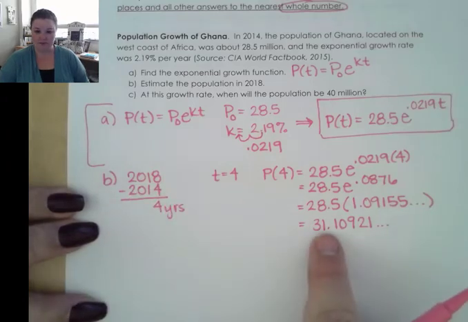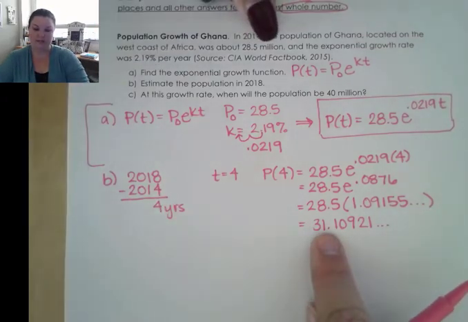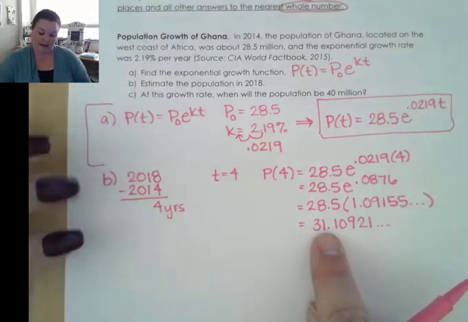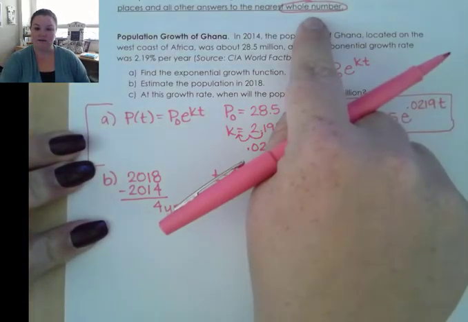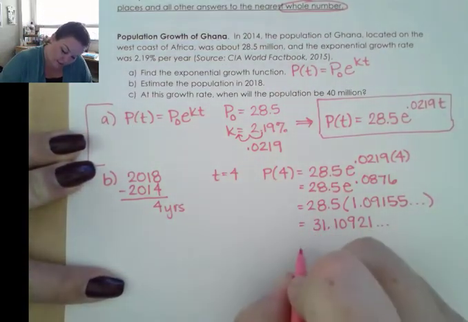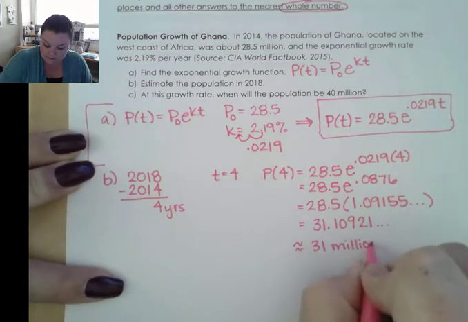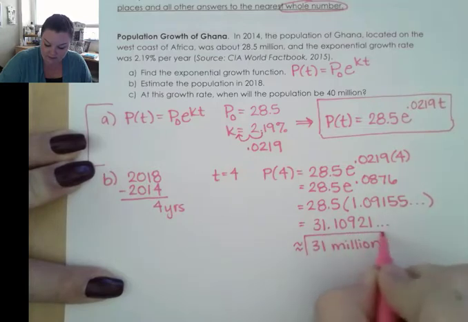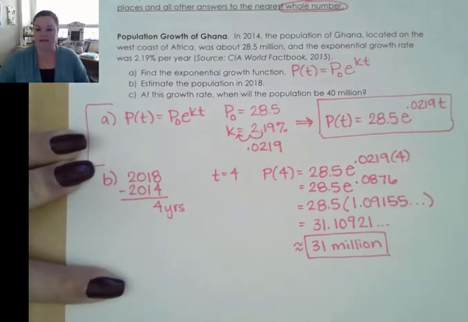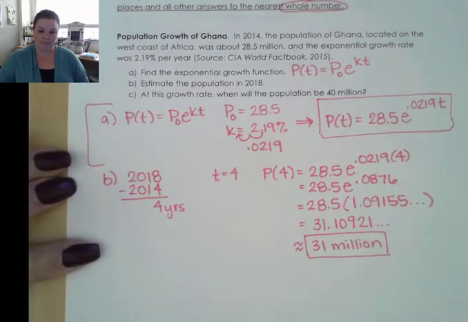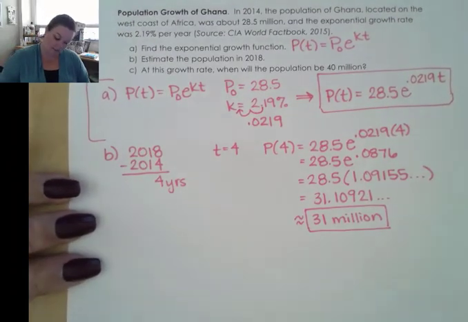Notice here my population is in millions, and we're just going to go ahead and round it to the nearest whole number. So we're going to say this is approximately 31 million people living in Ghana by 2018. Okay? All right, so now let's look at part C.